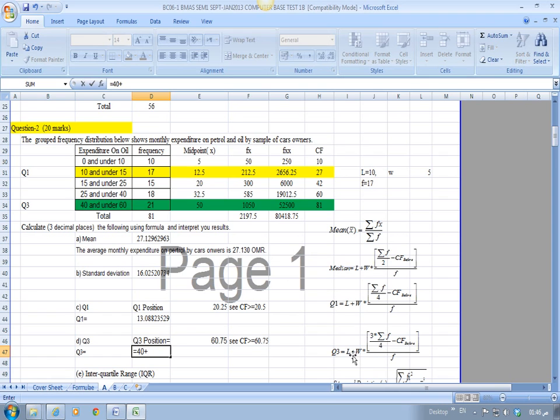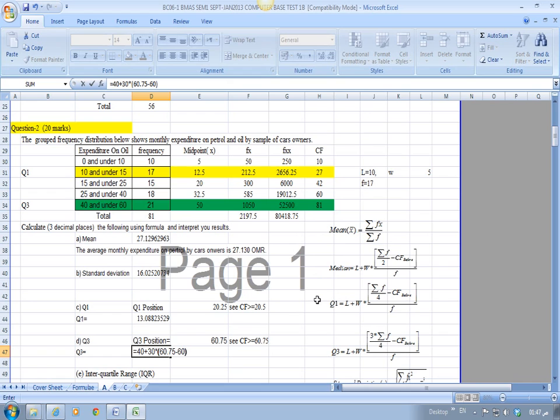W is the width, so the width between 40 and 60 is 20, multiplied by, the formula has multiply, then bracket, 3 divided by 4 multiplied by sigma F, which I already calculated as 60.75, minus CFB4 for our location, which is before our location, in the green one up here, 60.